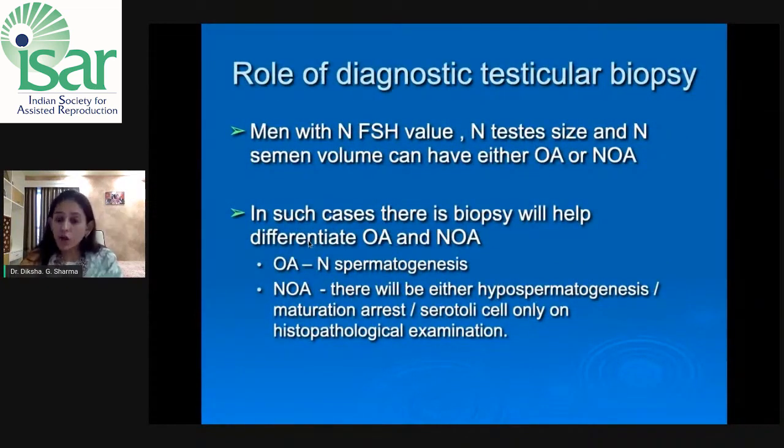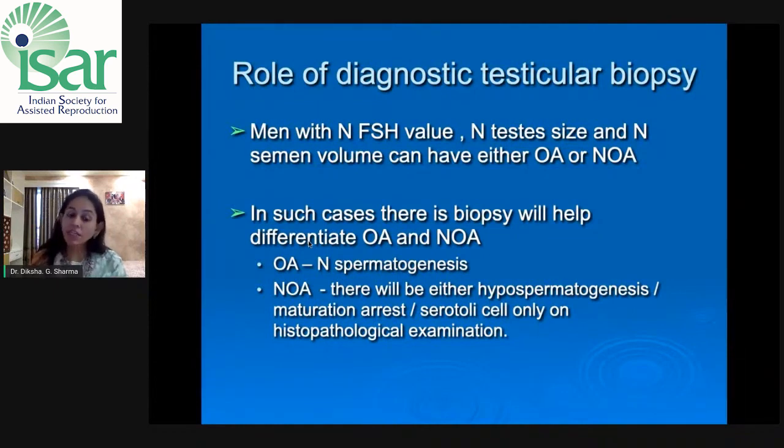So where do we offer testicular biopsy? Going back to the table we showed before, the flow chart: when the man has normal FSH, normal testes, and normal semen volume, who can have either obstructive or non-obstructive azoospermia, then in these cases biopsy would help to differentiate.